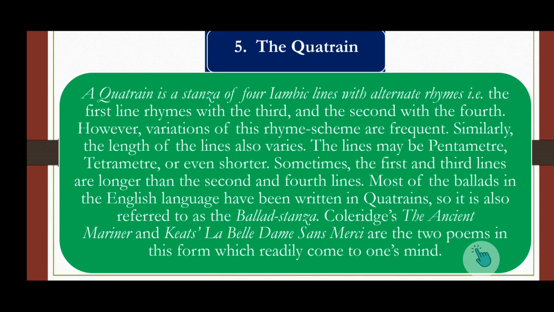One is Coleridge's The Ancient Mariner, and one is Keats's La Belle Dame Sans Merci. So these are the 2 poems. Whenever these poems come to your mind, what comes to mind? Quatrain. And in quatrain, what comes to mind? Ballad. That's why this stanza form, what we call a quatrain, is also referred to as ballad stanza.